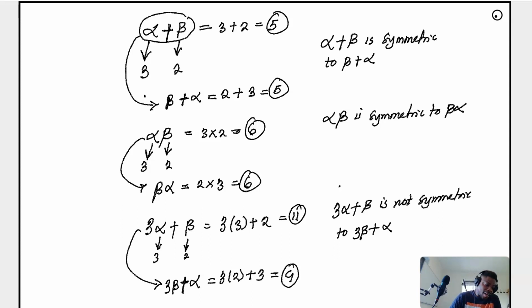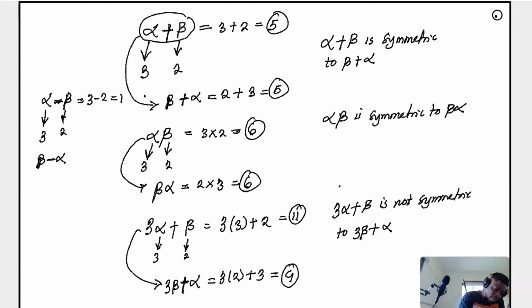Okay? Now, let's look at this one here. Alpha minus beta. Let's say alpha is 3 and beta is 2. So this is 3 minus 2, which is 1, right? Now I want to interchange. Wherever I have alpha, I put beta, minus, wherever I have beta, I put alpha. So in this case, this will be 2 minus 3, right?